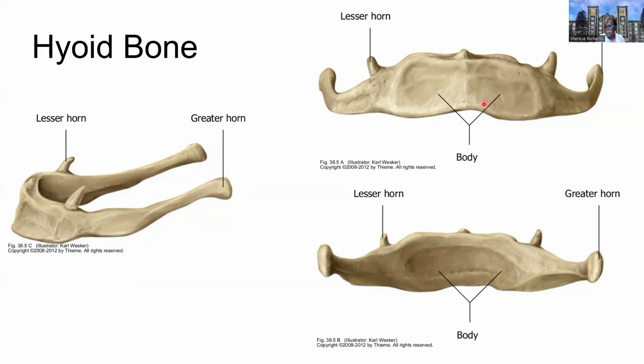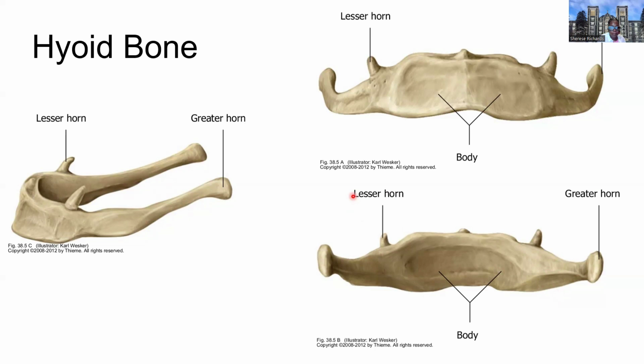It has a body, and internally, the body has this curve. Again, we have muscles articulating on various sides, some from the top, called the suprahyoid muscles, and some below called the infrahyoid muscles.